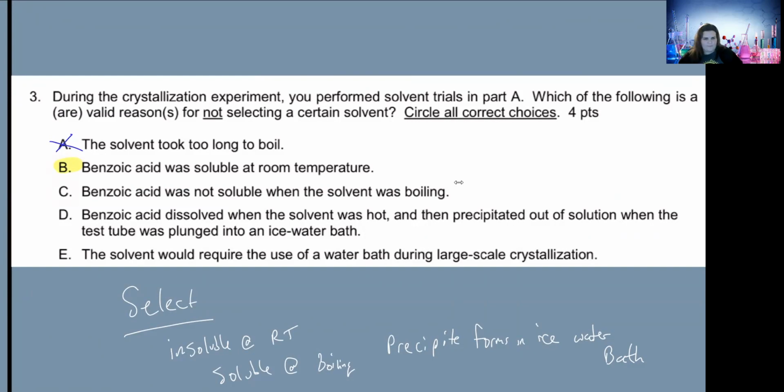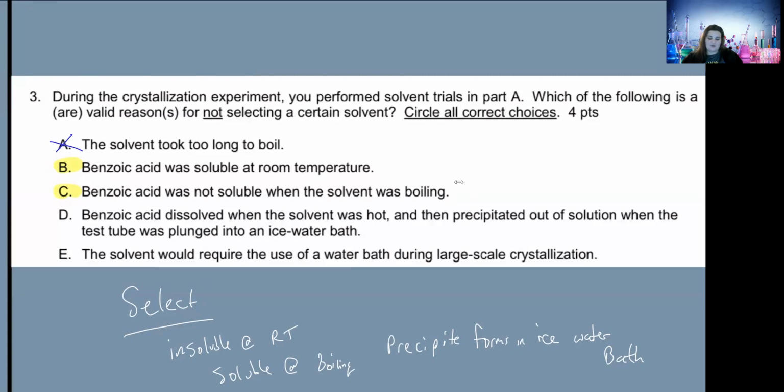Next, C, benzoic acid was not soluble when the solvent was boiling. Again, that's the opposite of what we said. We want it to be soluble at boiling. B and C are looking pretty good. D, benzoic acid dissolved when the solvent was hot. Excellent. And then it precipitated out of solution when the test tube was plunged into an ice water bath. Yeah, that's not what we want. Not at all. So D is no good.